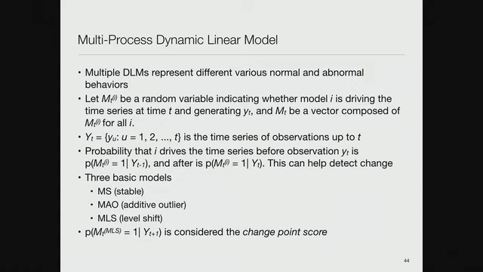And then what you can do is calculate the probability of any of these models being in control at the next time, and that's called the change point score. And you can calculate this from the data that you're given. And of course, they have tons of data, because it's a big hospital and lots of these alerts go on.